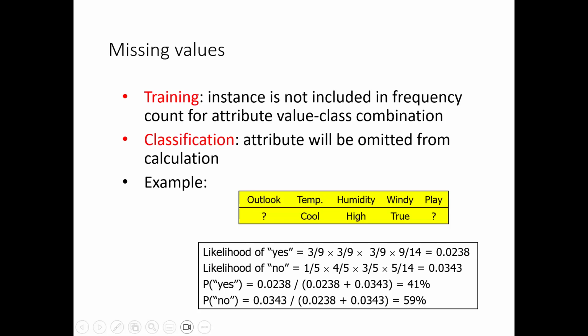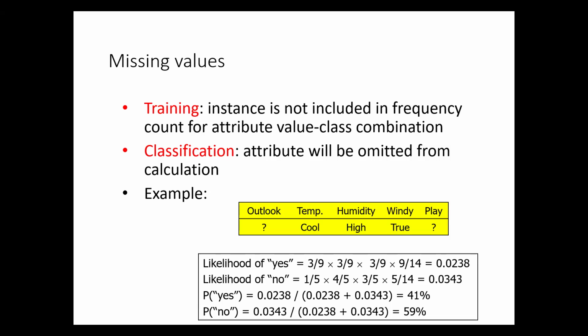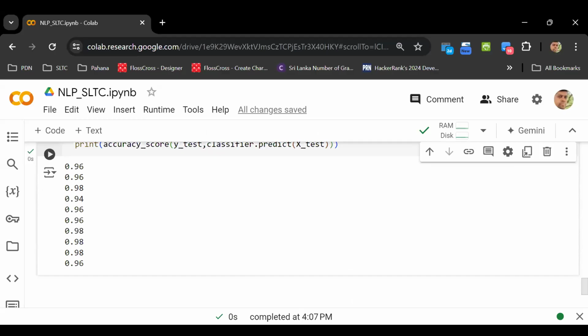Right. I think this is enough. Let me show you this in the implementation. So I'm going to share this again. So here is what we have. Okay, so I hope you can see me.